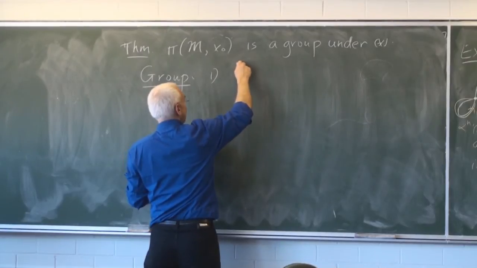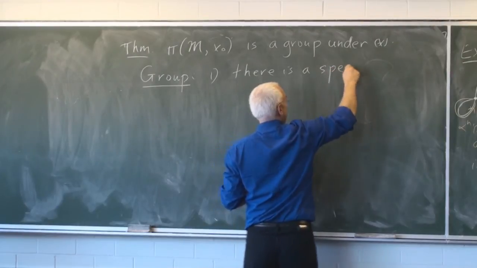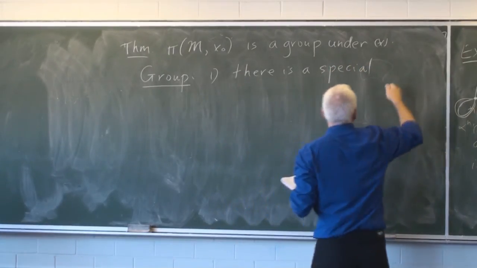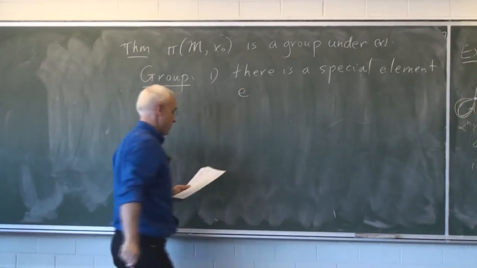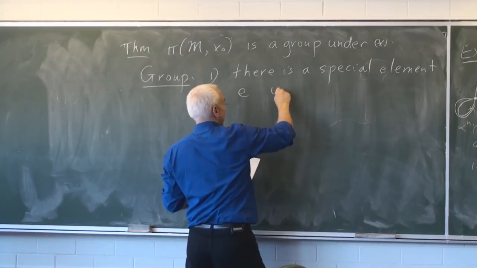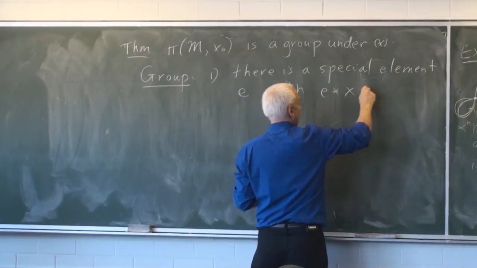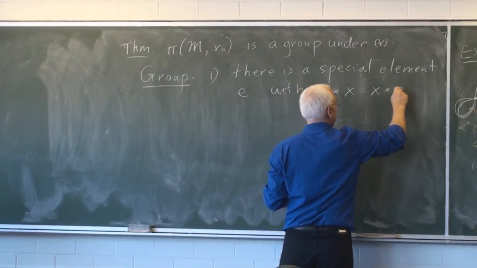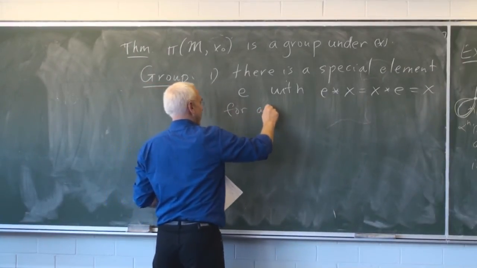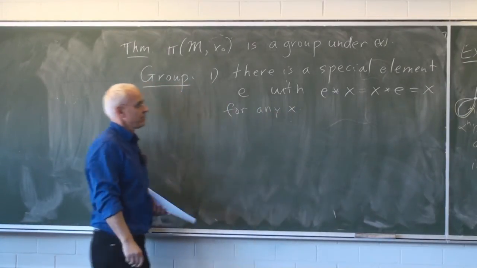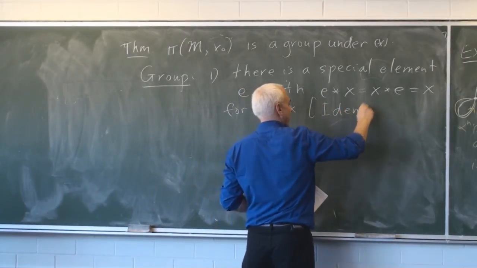The first is that there is a special element, usually called E, with the property that E times X equals X times E always equals X for any X. And E is called the identity element. So there has to be an identity element.